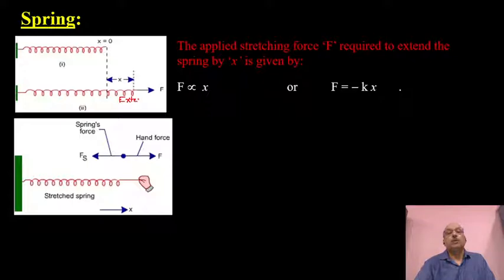The applied force is directly proportional to this extension, and this law is called Hooke's law of elasticity. If we remove the proportionality sign, we will use a constant, and the constant is K.